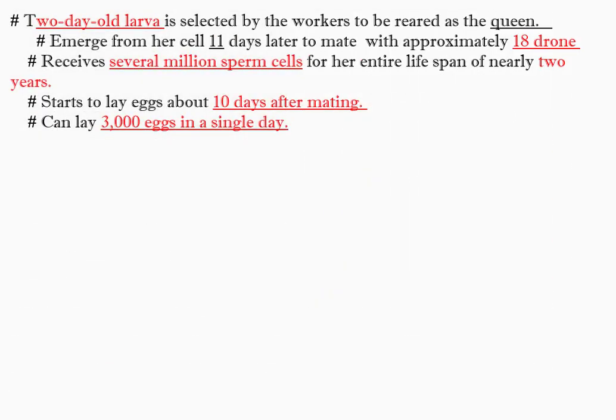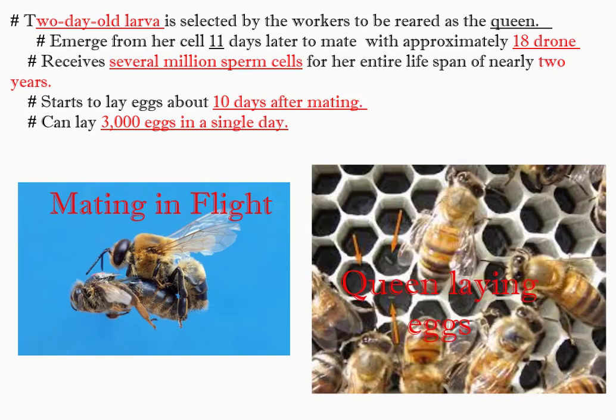A 2-day-old larva is selected by the workers to be reared as the queen. The queen will emerge from her cell about 11 days later to mate in flight with approximately 18 drones, or male bees.